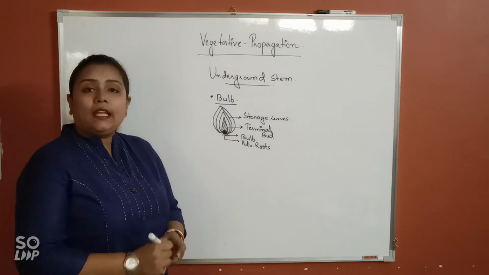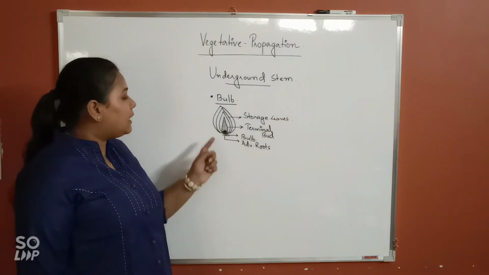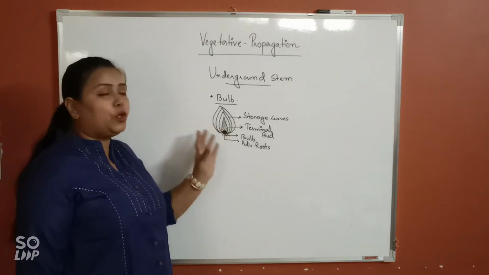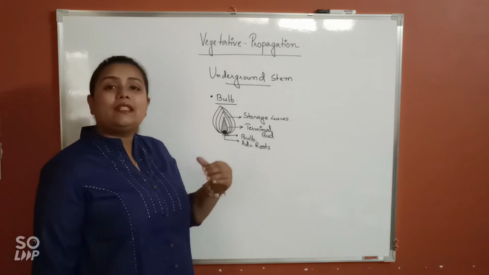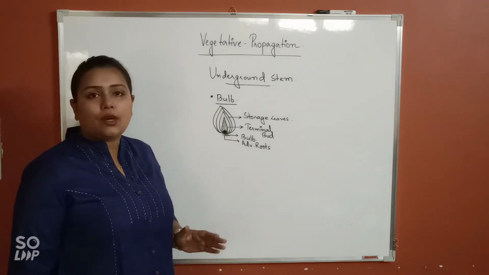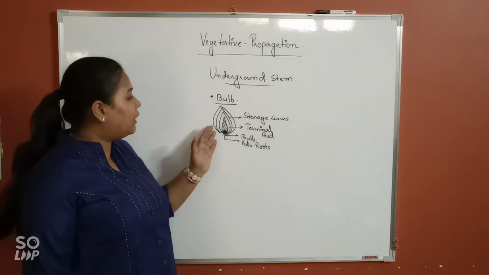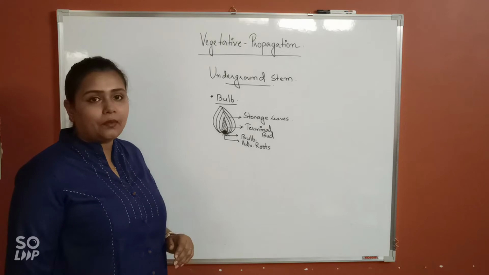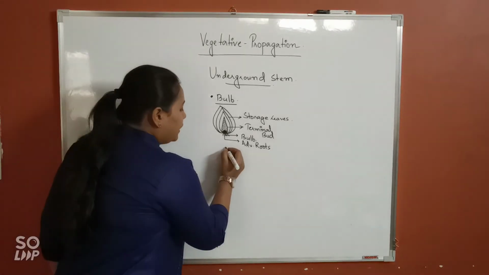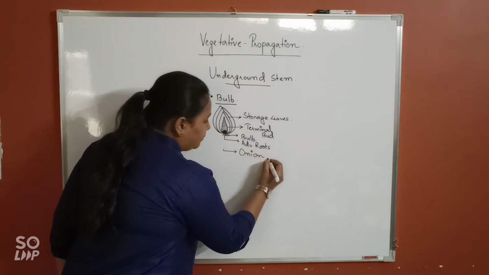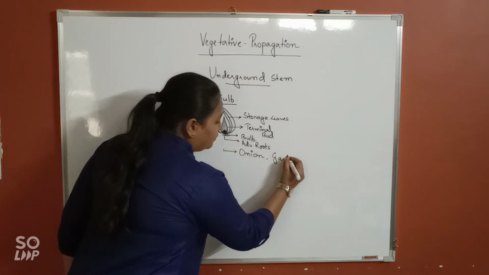So now, in case of bulb, do remember, it's the terminal bud present at the center which is being protected and surrounded by concentrically arranged storage leaves. Alright? Axillary buds are also sometimes present, and they will be positioned here and there in the entire bulb. So now, example for this would be of course onion and garlic.